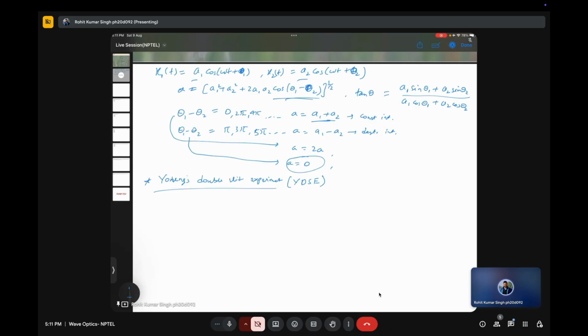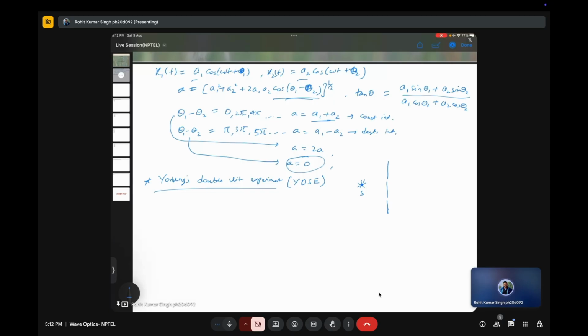It is famously called YDSE. What Thomas Young did was take a source of light and make two very small openings on a cardboard.